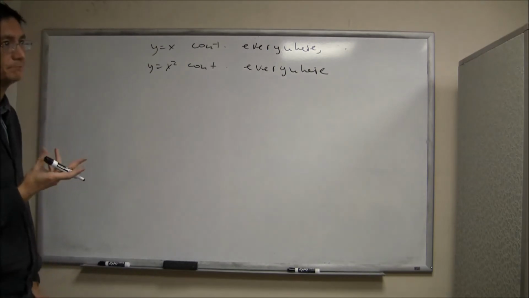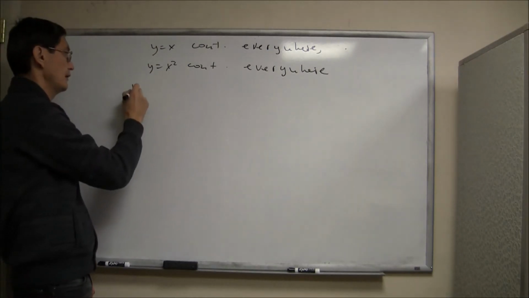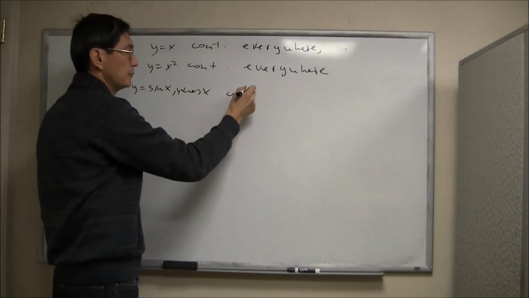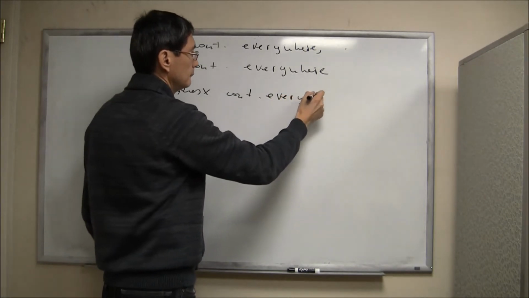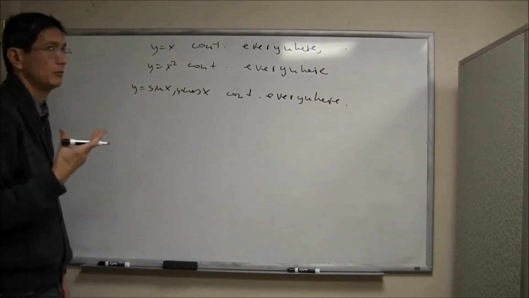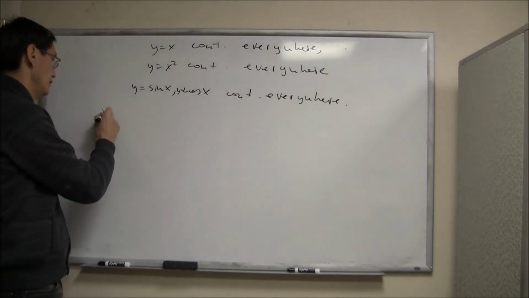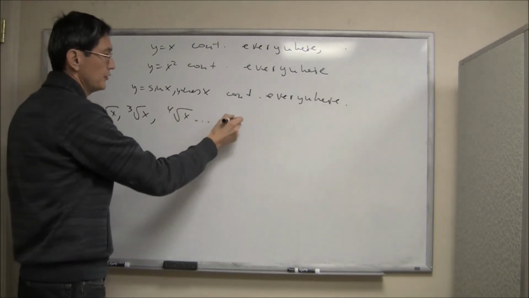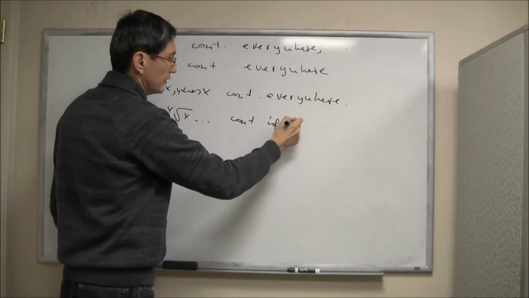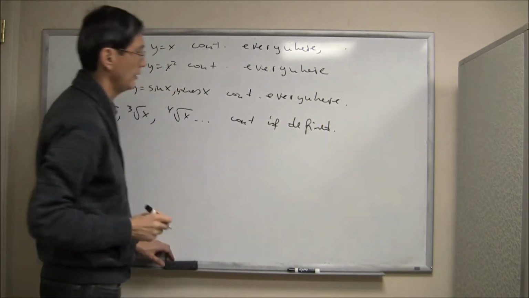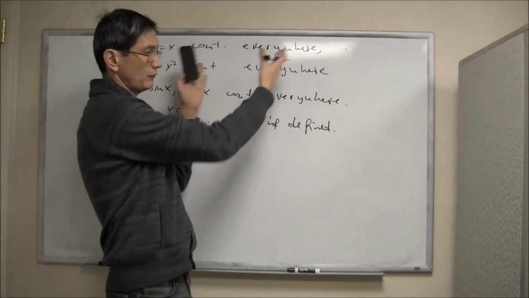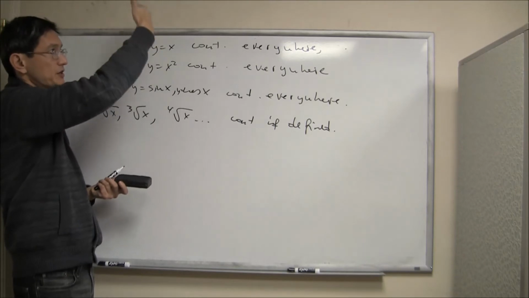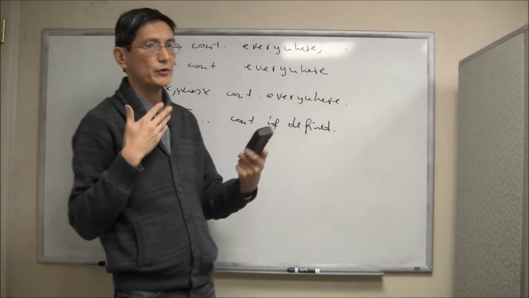Our basic trig functions, sine and cosine, continuous everywhere. Our roots, continuous if defined. So we have a nice set of functions which are continuous, and then taking their addition, subtraction, multiplication, at the end we're still going to get continuous functions.